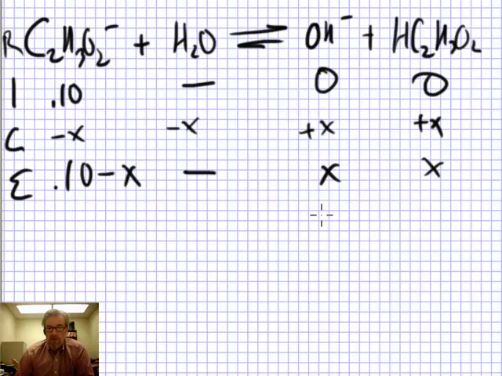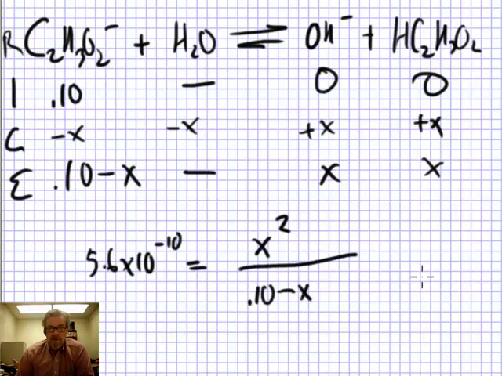So Kb is 5.6 times 10 to the minus 10th, and in terms of our chart it is OH minus concentration, which is x, times acetic acid concentration, which is also x, divided by the concentration of acetate, which is now 0.10 minus x at equilibrium.